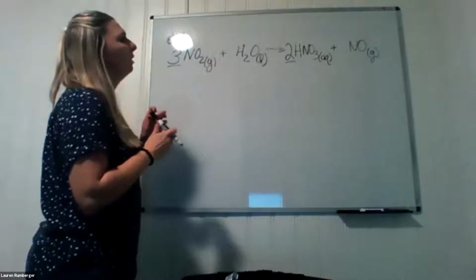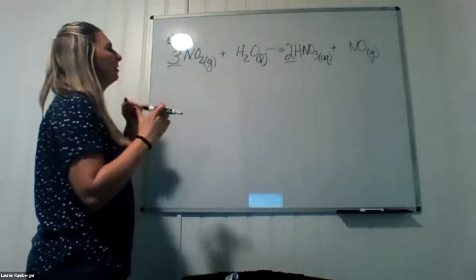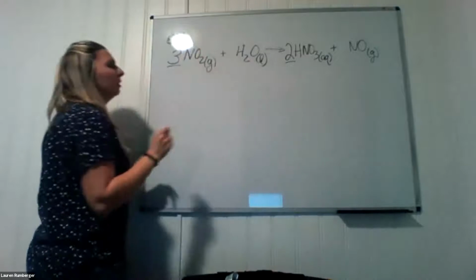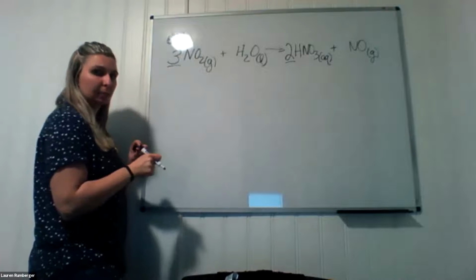Okay, so now what does this mean? What this is telling us now, remember, when we have a balanced chemical equation, it is giving us a recipe.